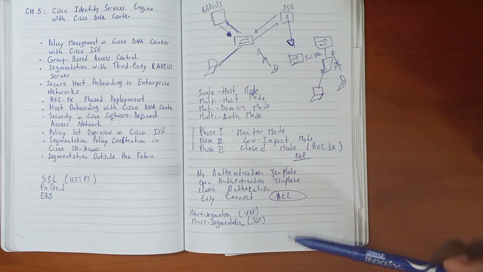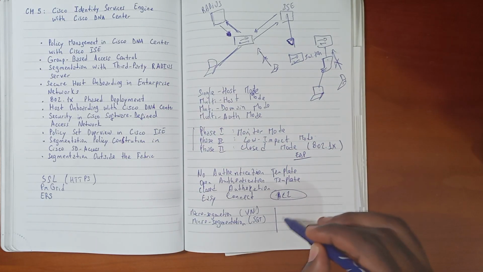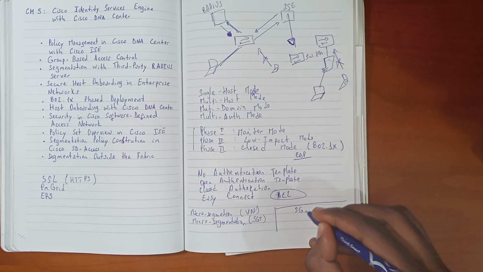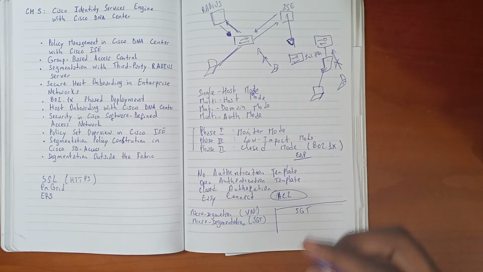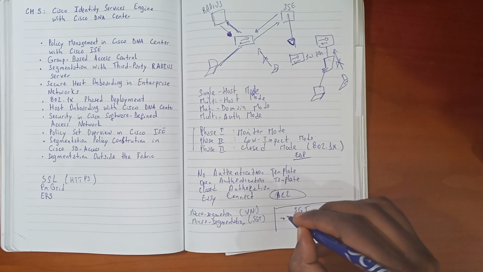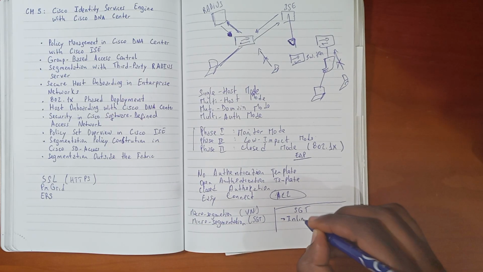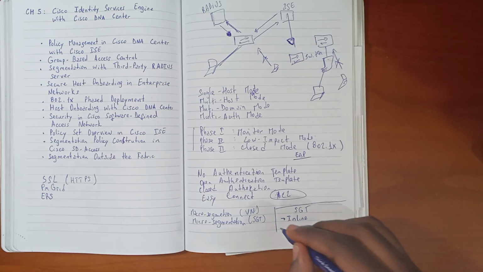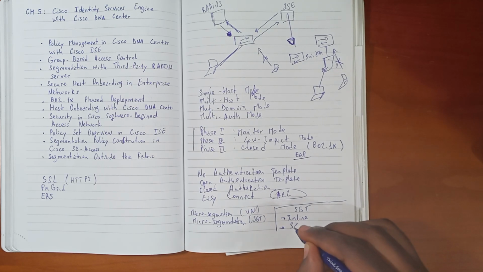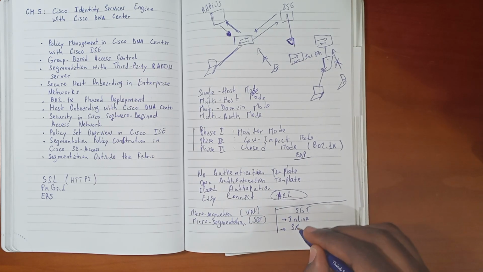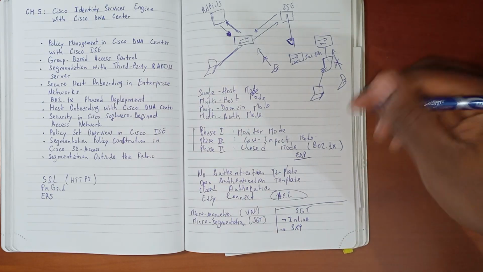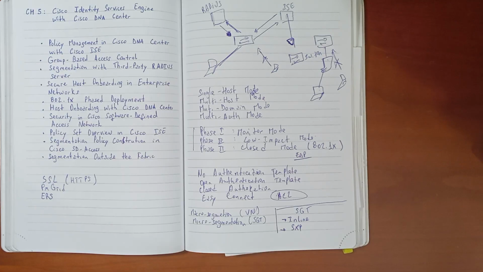Segmentation outside of the fabric. The communication with the outside of the fabric, if we want to keep using our scalable group tag, can be done in two ways. We can do it inline, directly on the routing, and we can also do it with SXP, the Security Group Tag Exchange Protocol.